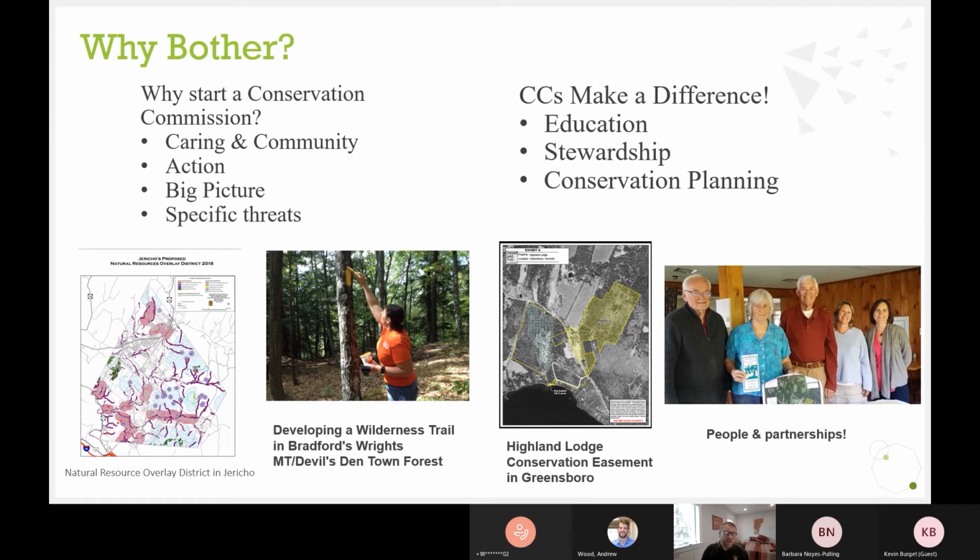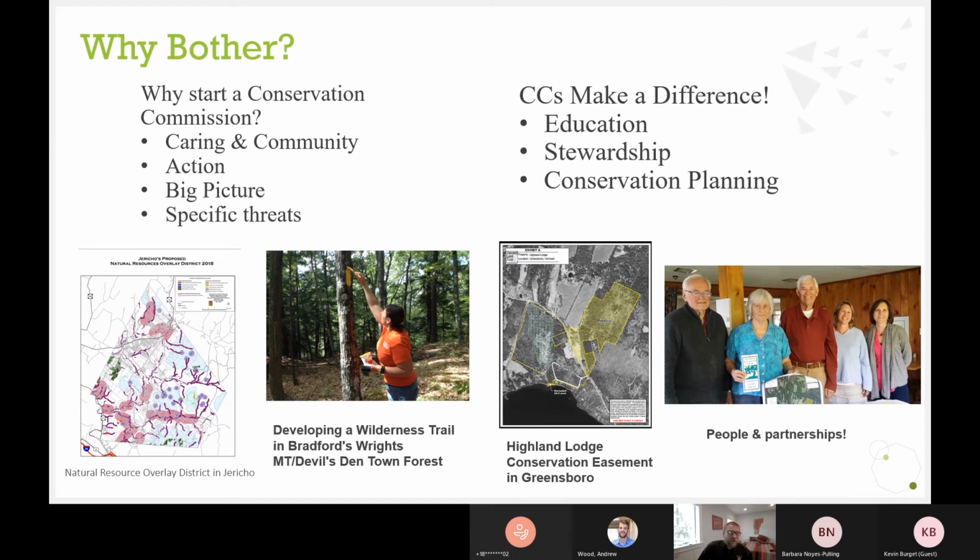The Richmond Conservation Commission was begun in 1987 in response to a proposal to expand the gas station there in Richmond into a major truck stop between Montreal and New York. And so sometimes those commissions begin in response to a specific threat, but then take on the larger understanding of ecological issues.